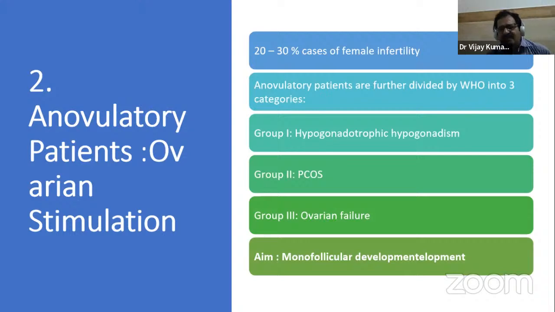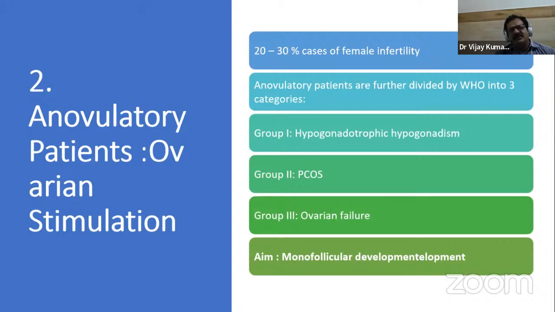In the anovulatory patients, the aim is always to have monofollicular development. Compared to the ovulatory patients, here we tend to have at least one single egg which reaches the appropriate size to have a successful pregnancy. Because in such cases there won't be any follicle development.